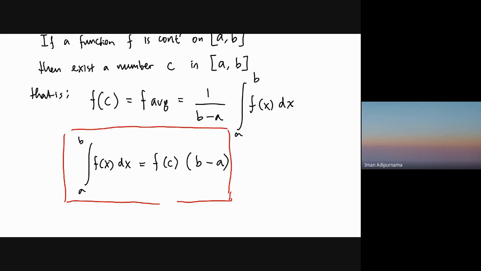We can prove also using the mean value theorem. And I think if you can remember this part, this should be okay.